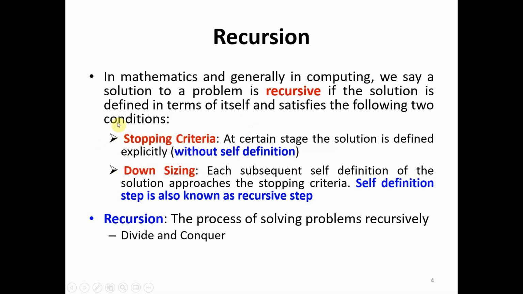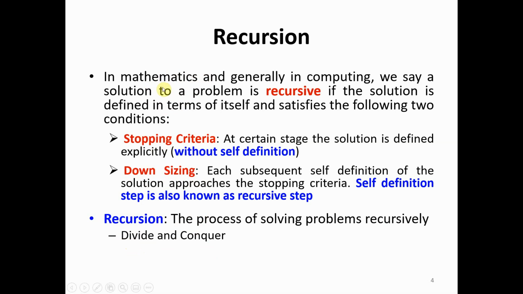So recursion has two parts. Stopping criteria, which is the smallest problem that we can get, and at that point we stop the recursion, we stop getting to a smaller problem. And it has downsizing, which can also be referred to as divide and conquer.